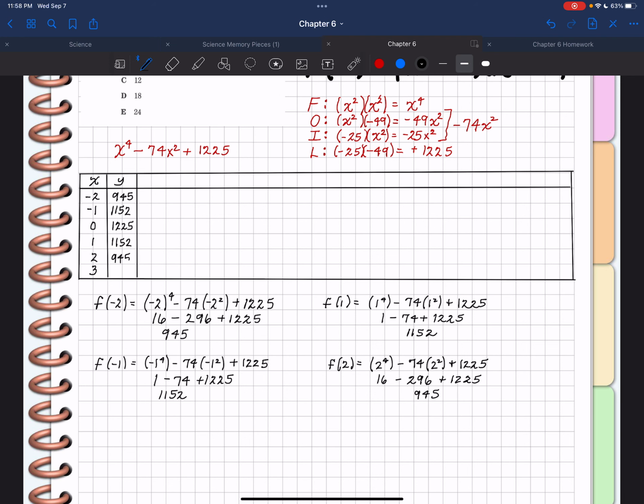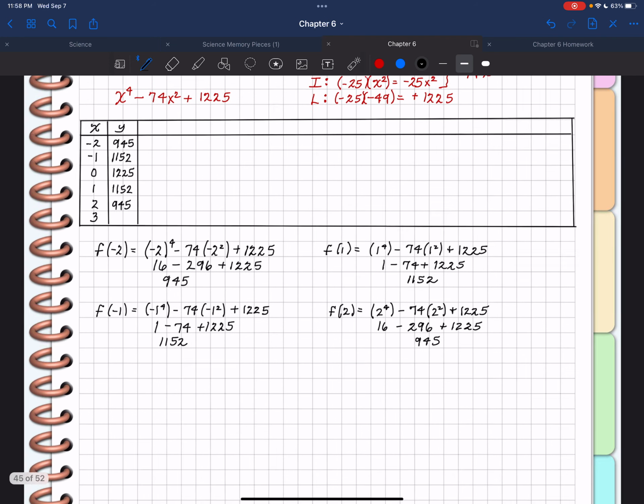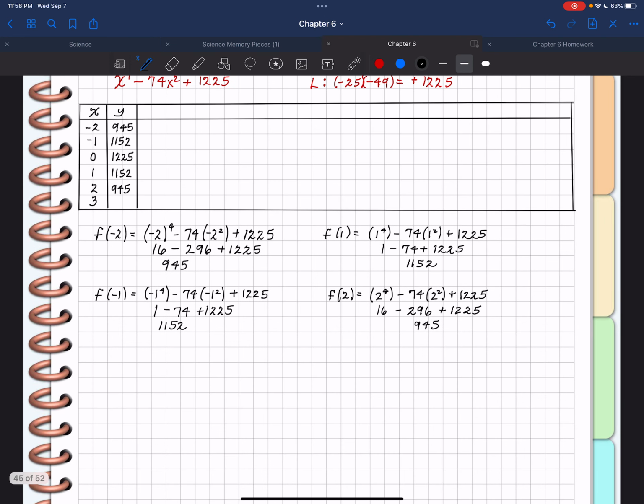So this is not 1-to-1. And then finally, let's get f of 3. So we have 3 to the 4th power minus 74 times 3 squared plus 1225.